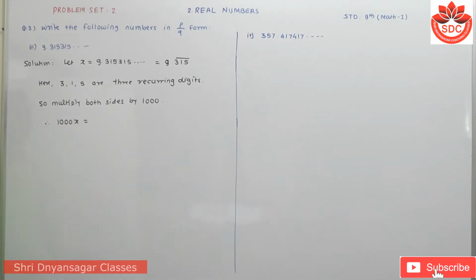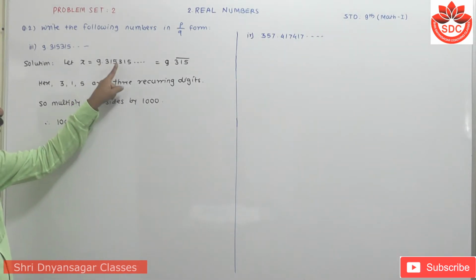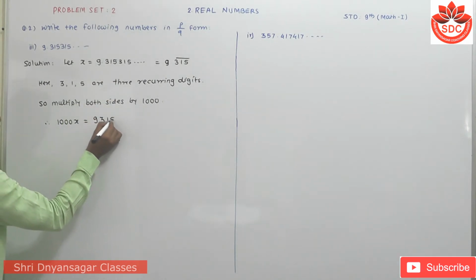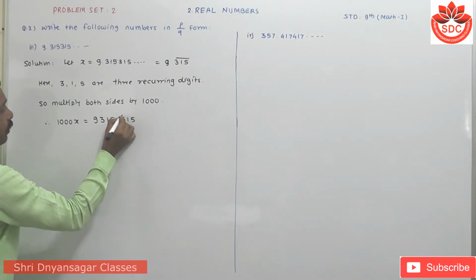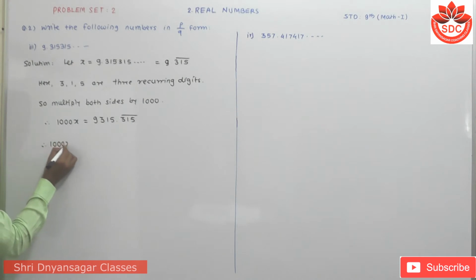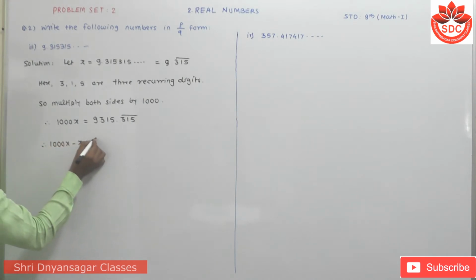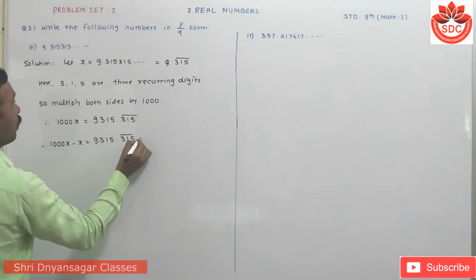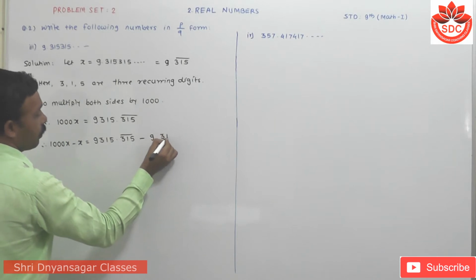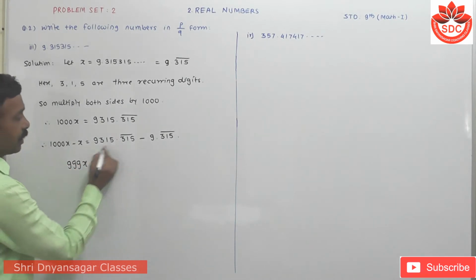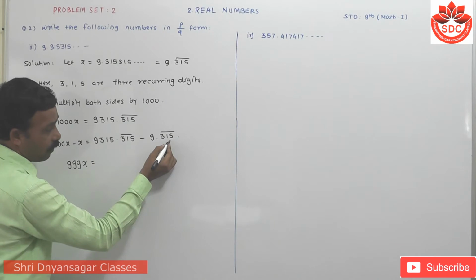1000x equals, when we multiply by 1000, the decimal point moves after this 5, so 9315.315 recurring. Student, when we subtract this one, we get 1000x minus x is equals to 9315.315 recurring minus 9.315 recurring. The recurring 315 becomes 0.